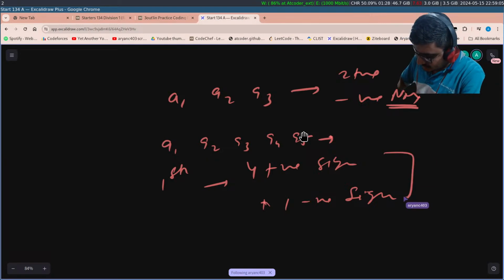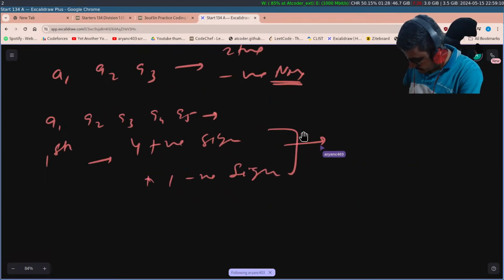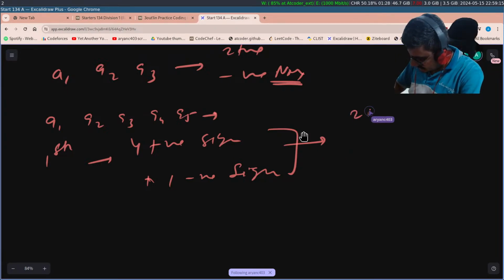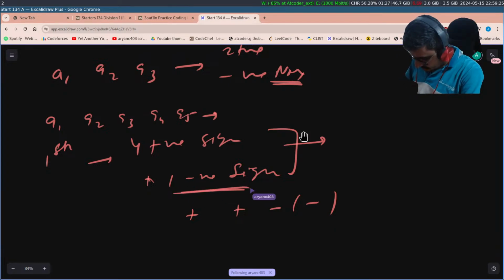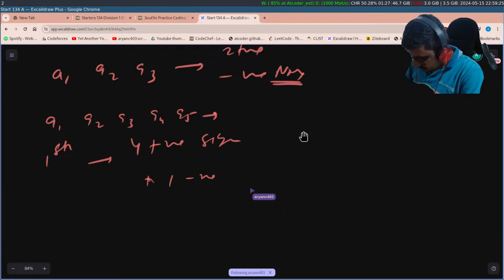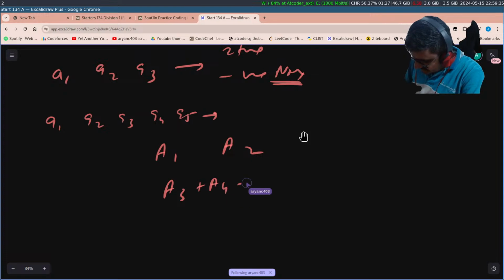And after the second operation, we choose 2 numbers from here, and 2 numbers will definitely remain positive. The numbers would be a1, a2 and a bucket of a3 plus a4 minus a5.